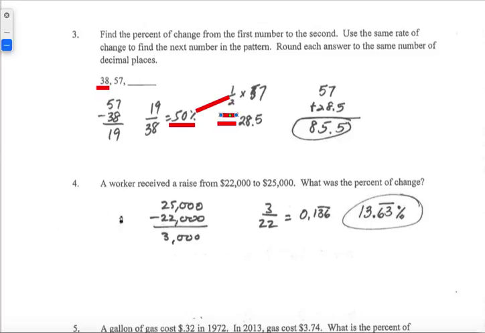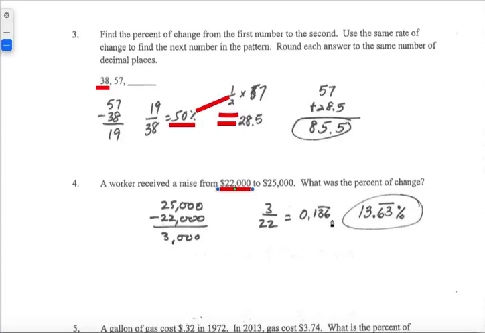Okay, a worker received a raise from 22,000 to 25,000. What was the percent of change? Again, take the difference of the two numbers, that's 3,000. Take that and divide by the original amount. You'll notice we dropped the zeros. That's because we had 3 zeros in this number and 3 zeros in that. They would have canceled out when we divided anyways.